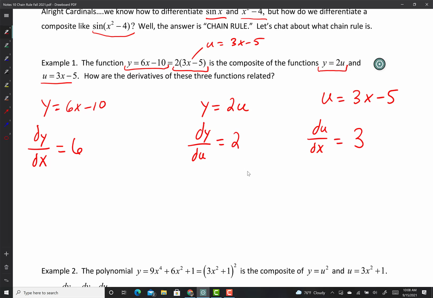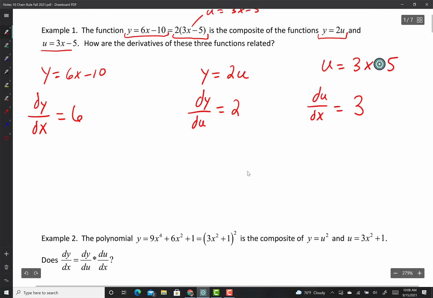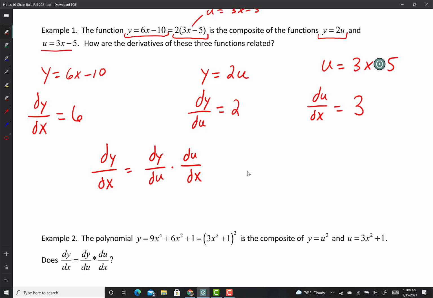Do you see what's going on here? dy dx is nothing more than dy du times du dx. Do you see how the du's cancel, and you still get dy dx? That is really the chain rule. dy du is 2, du dx is 3, and we still get that 6 value.